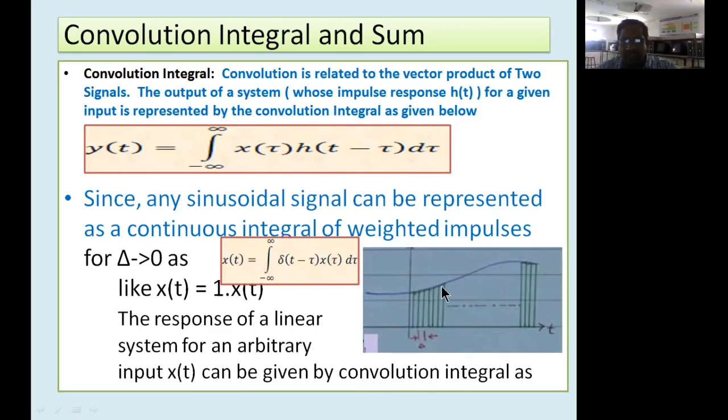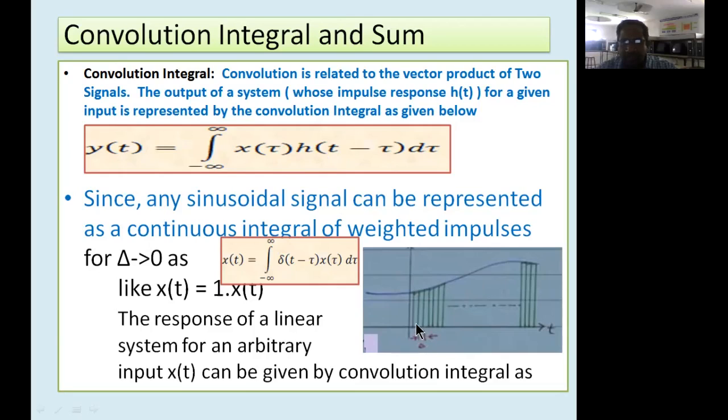Imagine this signal, whatever we have after impulses, is a signal for us, x of tau. Now we scan the x of tau with the impulse response of the function h of t minus tau. We scan like this. So the resultant of scanning is the multiplication of these two. Now all these values happen for delta tends to 0.